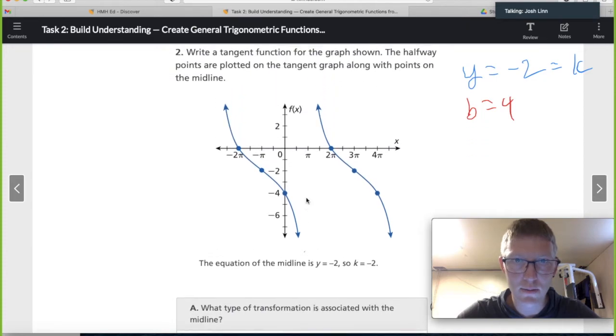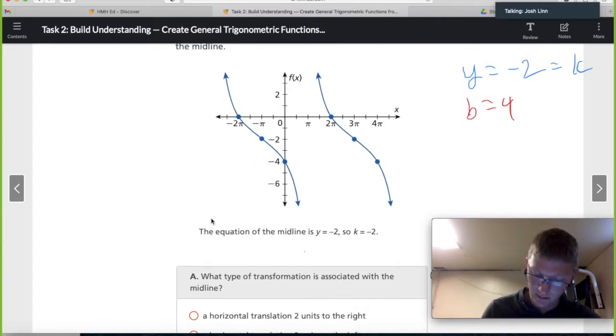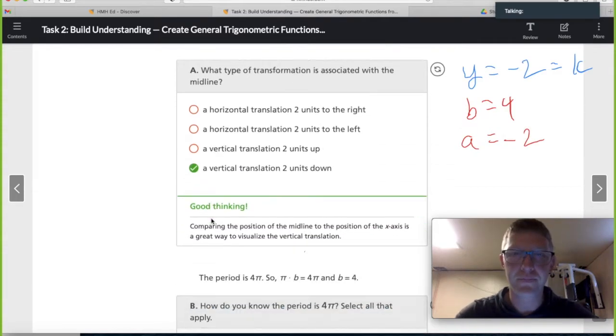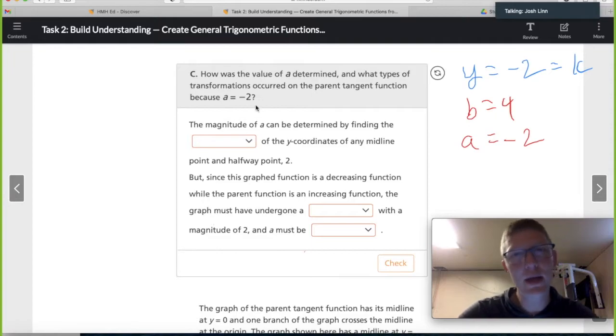Oh, wait. This is a tangent graph, but it's decreasing. A parent function tangent is increasing. So it got flipped, and you would do that by using the A. So, okay, I'll agree to that. How is the value of A determined, and what types of transformation occur in the parent function?